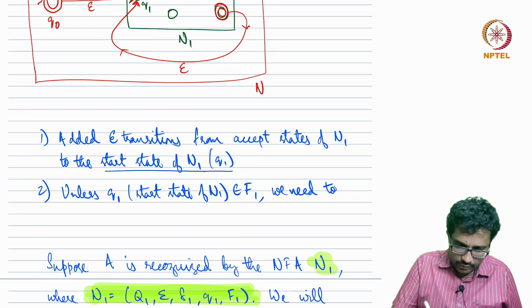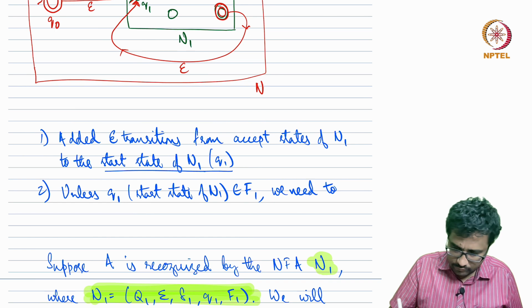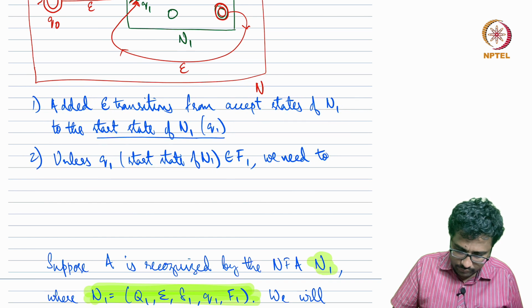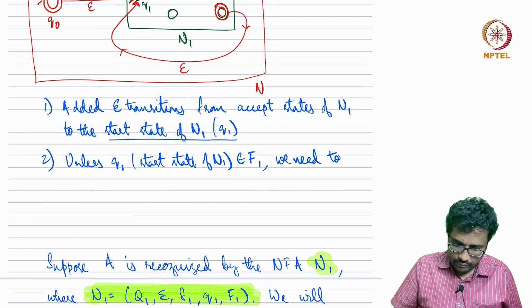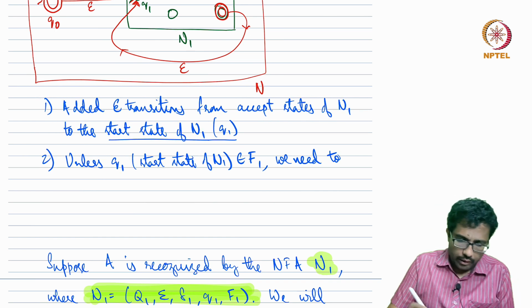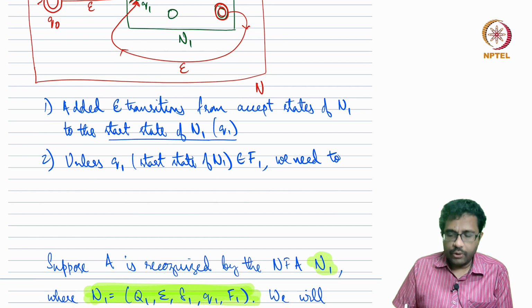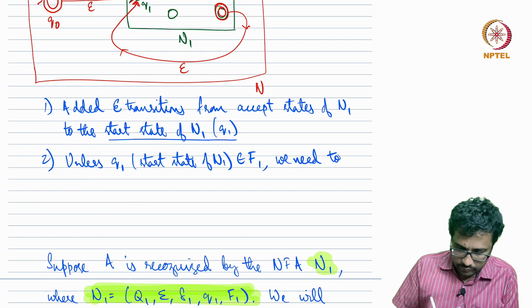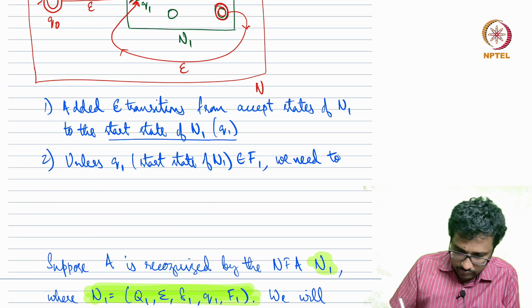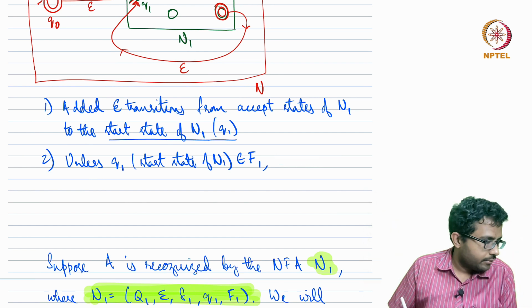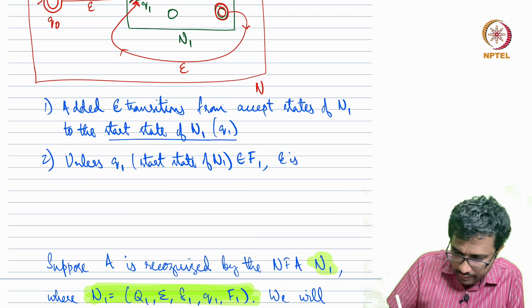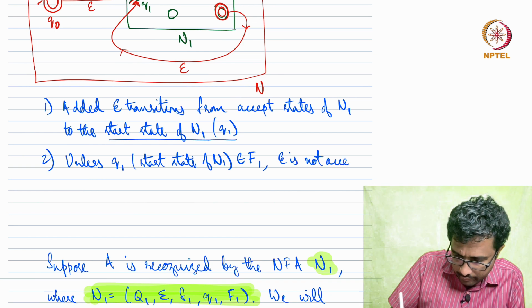Okay, so unless q1 is in F1, the empty string is not accepted, right?